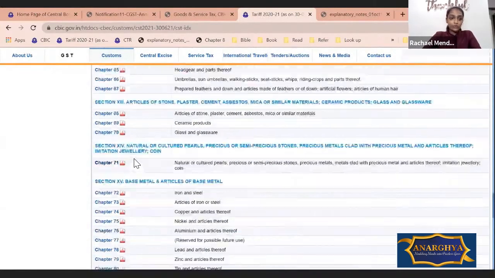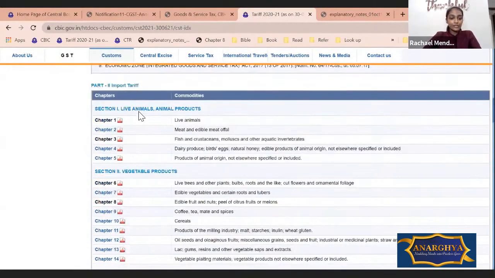You must make a note over here that each of these sections has a section note and each chapter has a chapter note. The section notes will be mentioned in the first chapter under the section. So the section 1 notes will be mentioned in chapter 1, and section 2 notes will be mentioned in chapter 6. Similarly, each chapter has its own chapter notes.